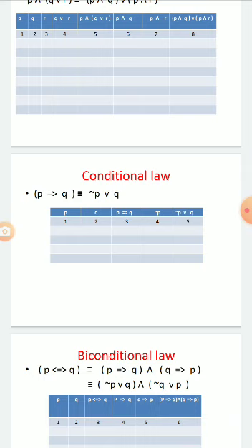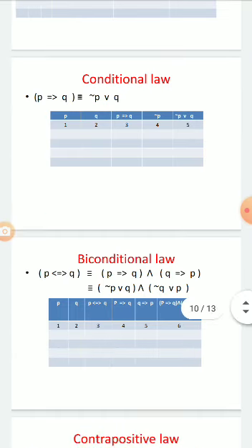So on the right side we have the disjunction of the negation of the first statement and the second statement. It can be easily verified.